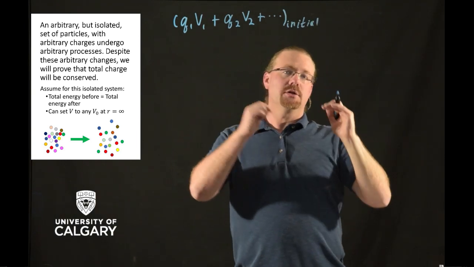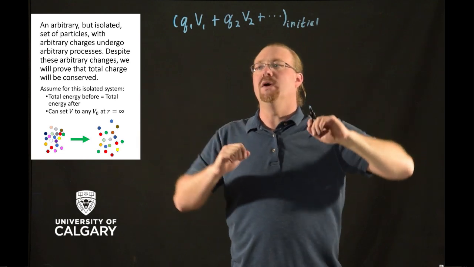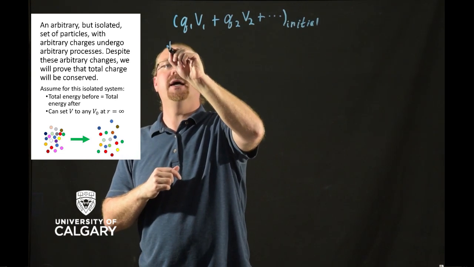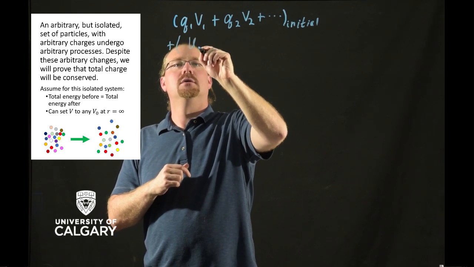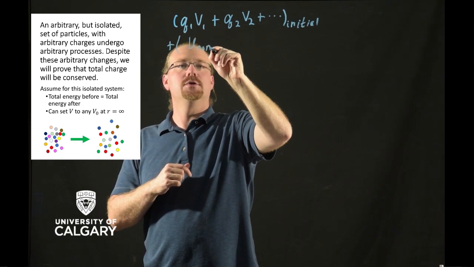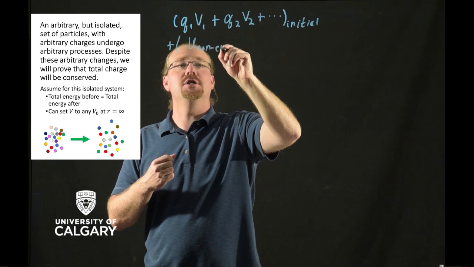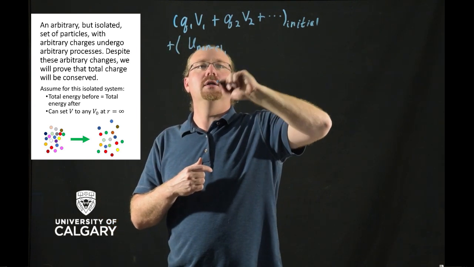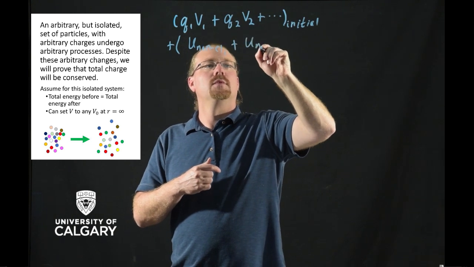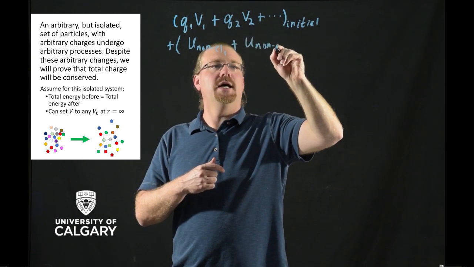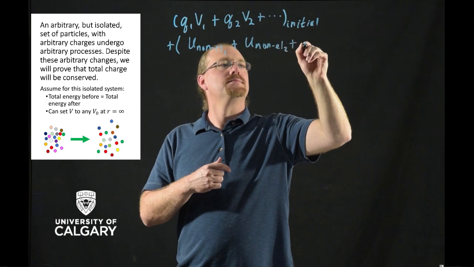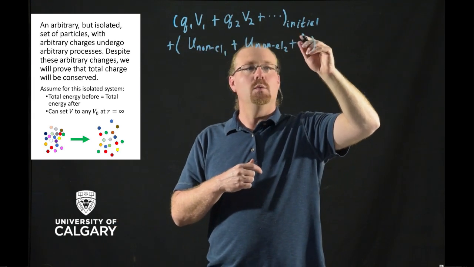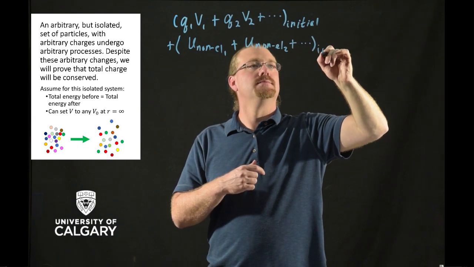And when we have all of our initial electric energy grouped together like that, we can have all of the other types of energy grouped together as well. So, for example, we could have non-electric potential energy. So this would be gravitational potential energy, nuclear potential energy, anything that's not electric, for every single particle that we have. And once again, it's completely general, not necessarily just two, which is what the ellipses are here for.